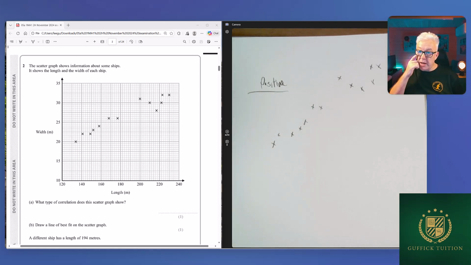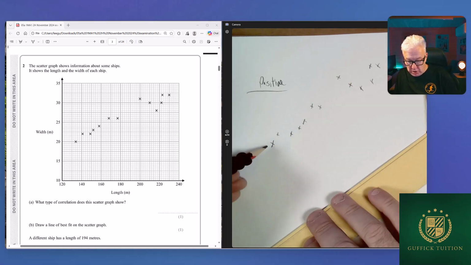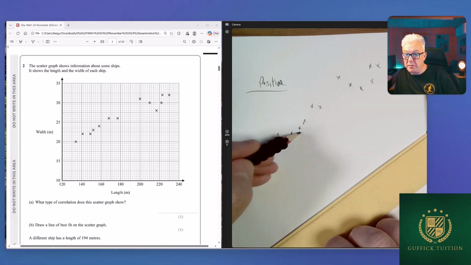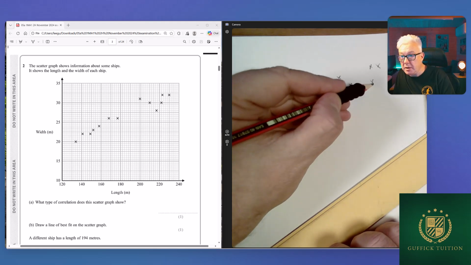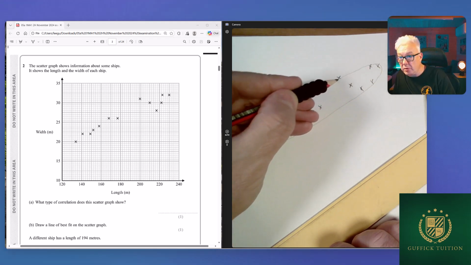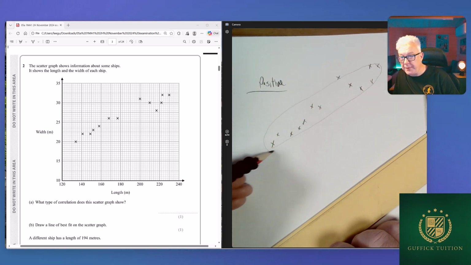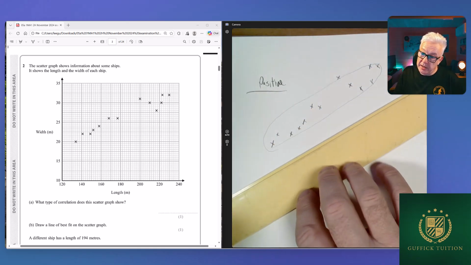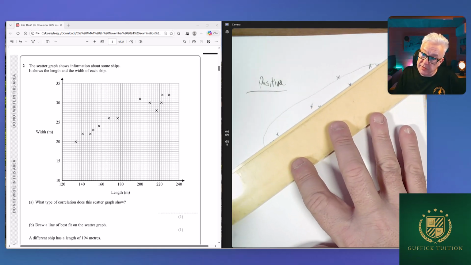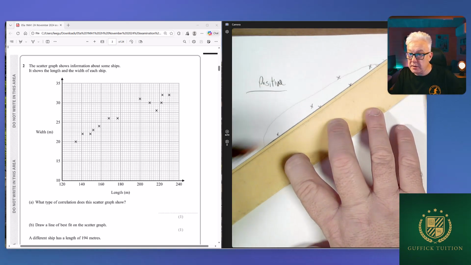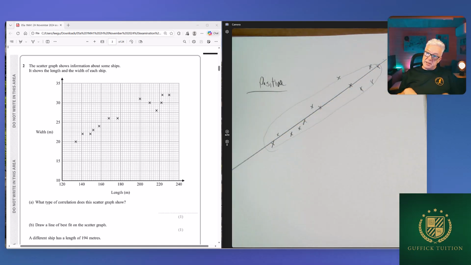One method is to draw a little line that goes around all of the dots, and then you draw a line that goes through the middle of all of those dots. Something like that. I think that's a good way of drawing a line of best fit.